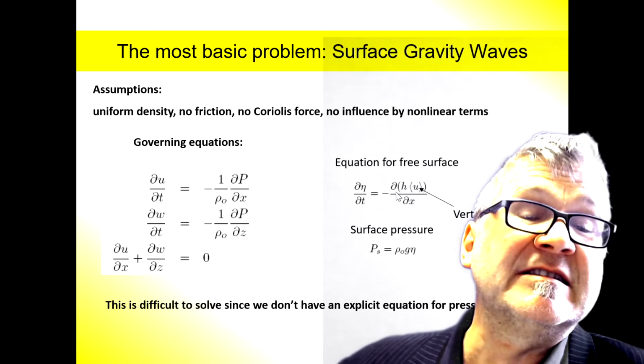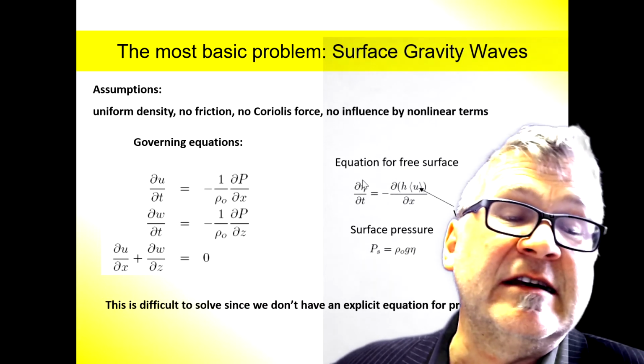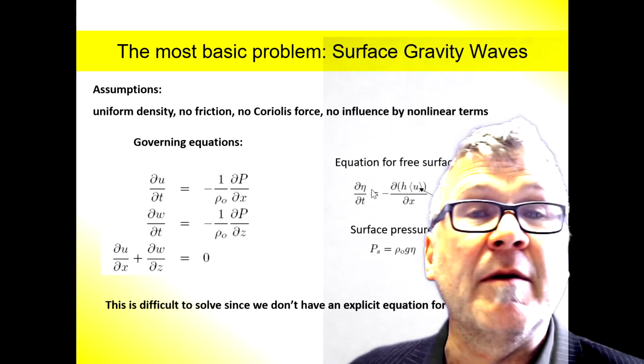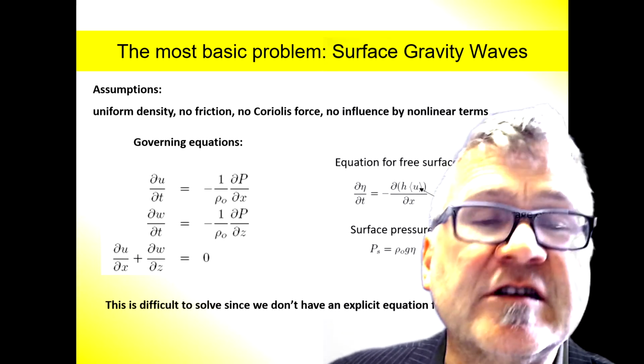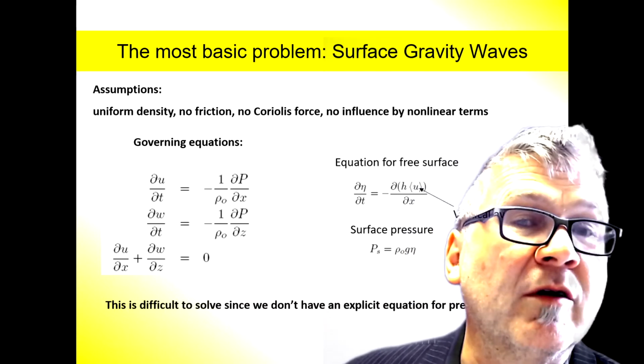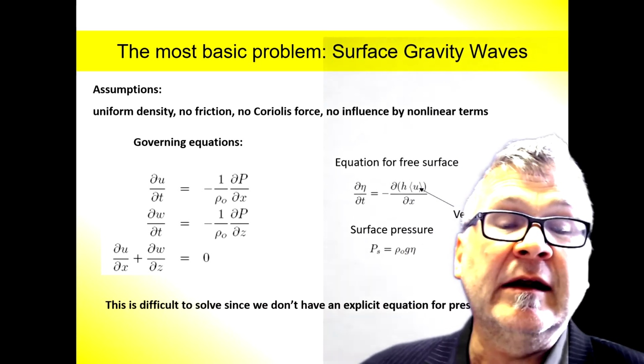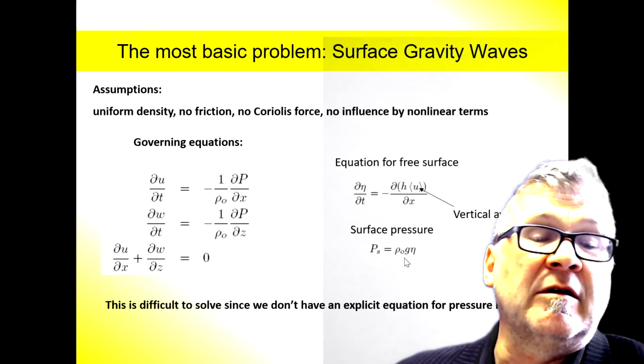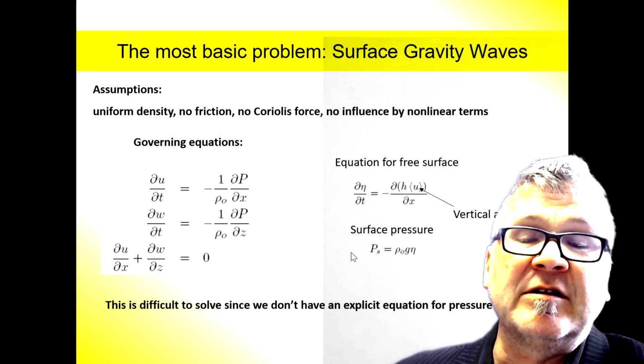And then you can relate the sea level elevation. This either can be positive or negative. You can relate that to the surface pressure, surface pressure anomaly, and we call that a dynamic pressure. And it's just given here by this one. There's the acceleration due to gravity comes into it.